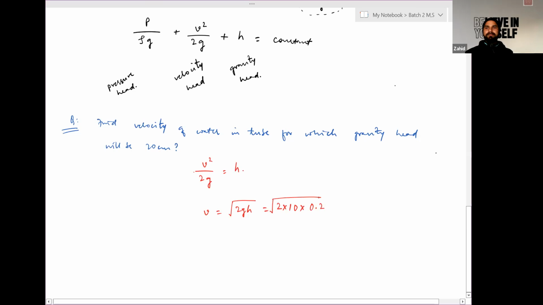Root under 2 into 2, 4, and root of that will be 2 meter per second. Is it clear?